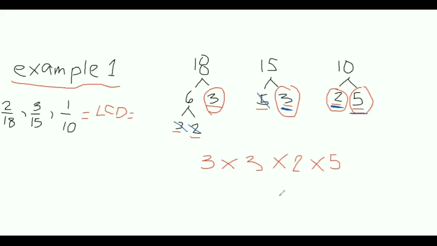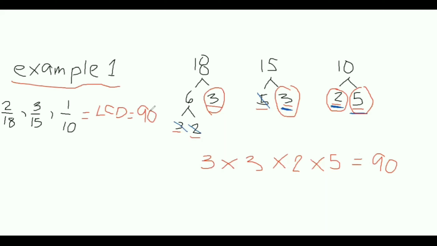Now, we proceed with the multiplication. 3 times 3 is 9. 9 times 2 is 18. And then 18 times 5 equals 90. So, therefore, the LCD of 2 18ths, 3/15 and 1/10 is 90.